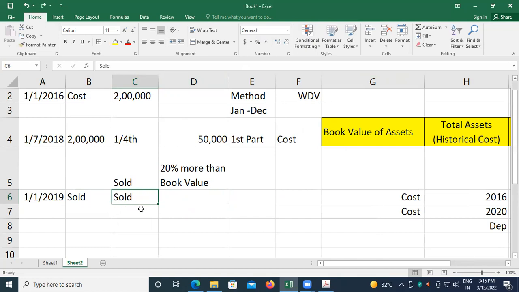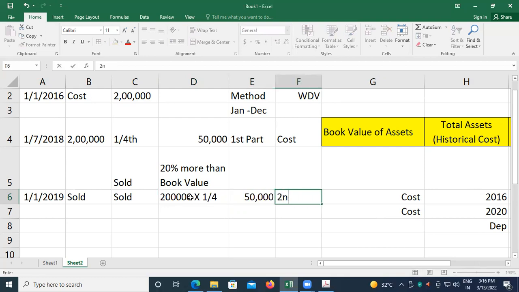So let me write down here 1/4. If you calculate, 2 lakh rupees is the value into 1 divided by 4, again it will come to 50,000. And remember, this is my second part of the asset. So what is the total cost? 2 lakh rupees.